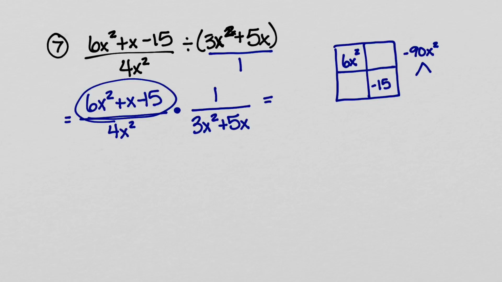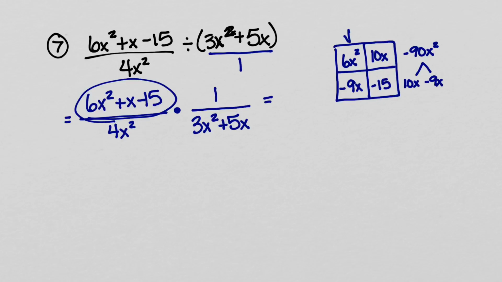It has to multiply to negative 90x squared, but add up to 1x. Well, that's going to be 9 and 10. It adds up to a positive, so I know the bigger number is positive and the smaller number is negative. That adds up to 1x and multiplies to negative 90x squared. So I fill in my boxes: positive 10x, negative 9x.